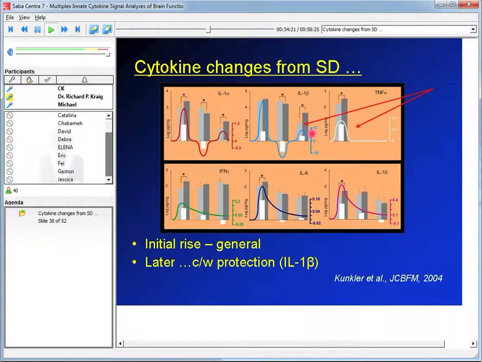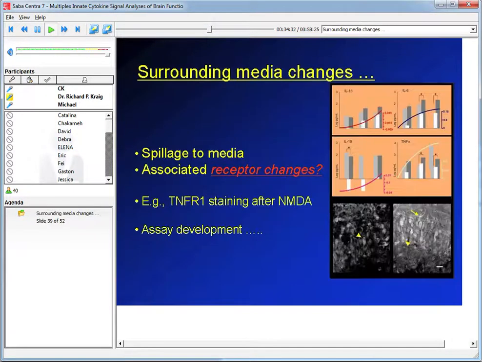We did find, let me back up a second and show you, there's a drop in TNF-alpha here. Well, that TNF-alpha either went away or was taken away. And there's a very easy way for that to be taken away, and that is if TNFR1 signaling goes up like a rocket, either in the soluble receptor or the membrane-bound receptor, you'll find a drop in TNF-alpha.